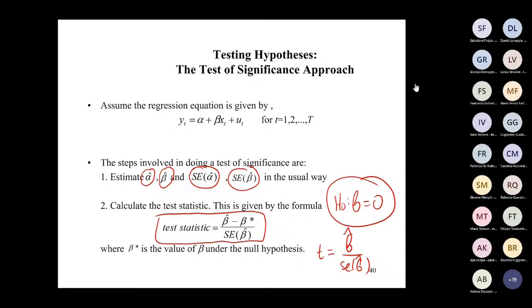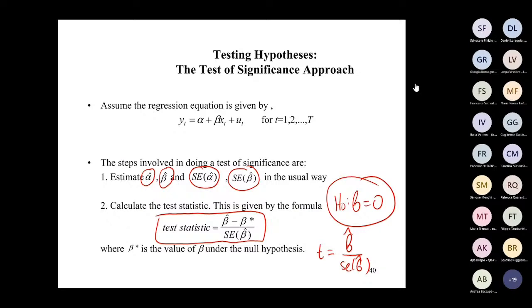So when we are testing whether beta equals 0, in fact, what we are testing is whether X can help me in explaining Y. One more time, this is important, I'm going to repeat it.